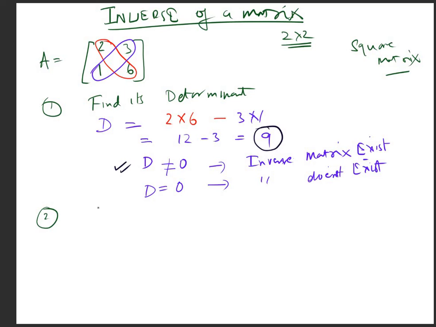So now step 2 is, I write the same matrix back, 2, 3, 1, and 6. I swap the elements of the leading diagonal.